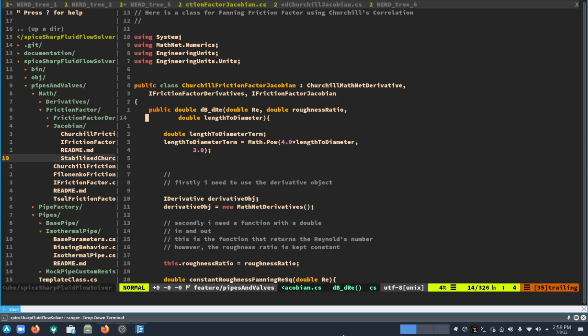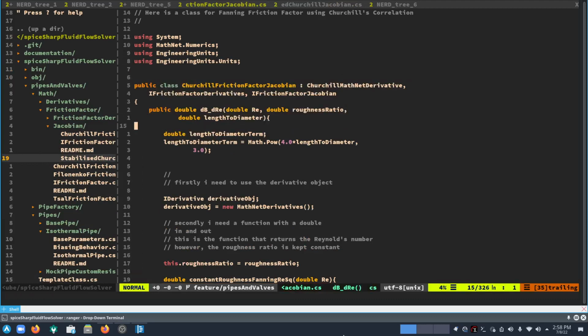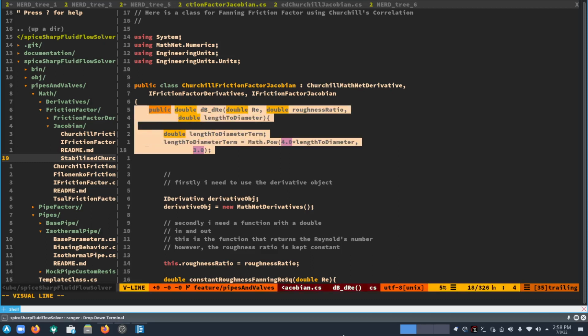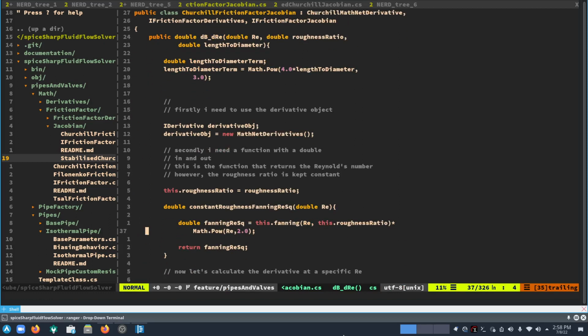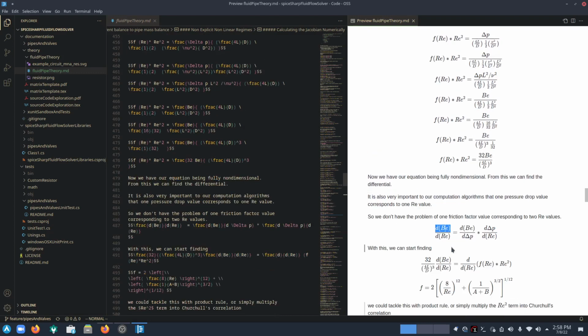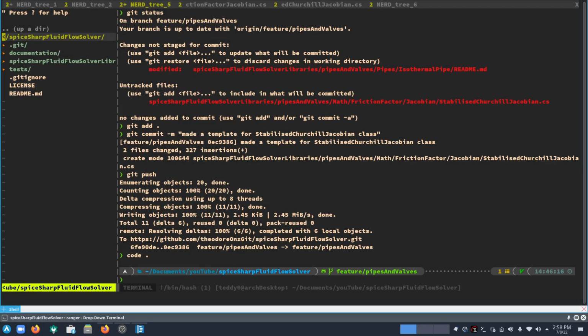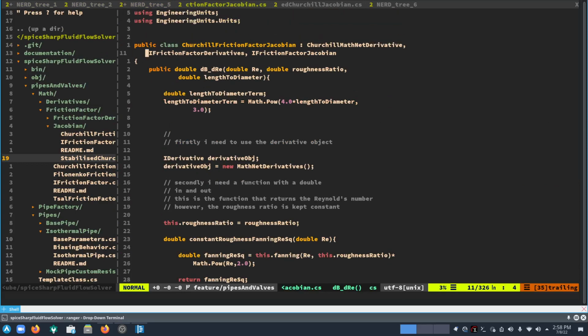Now the Jacobian here is where we calculate the actual Jacobians. We start off with dBdRe.